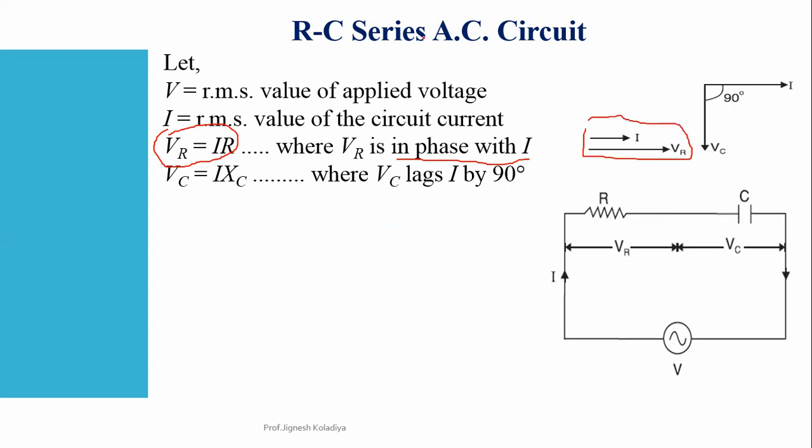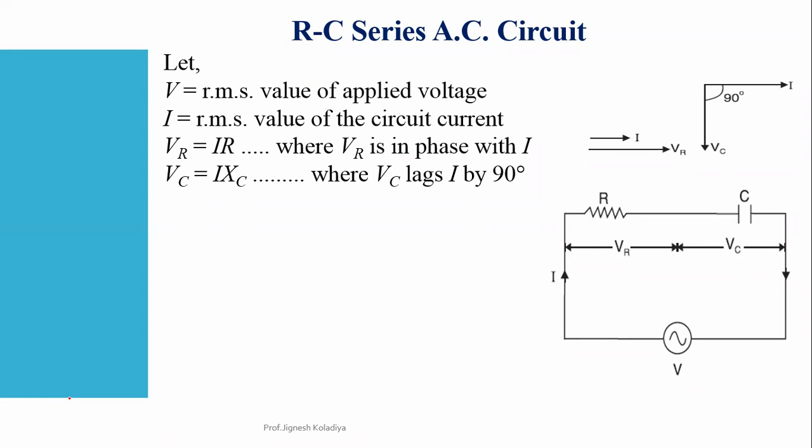But in a pure capacitive circuit, we have seen that current is leading by 90 degrees with respect to voltage. In other words, voltage is lagging by 90 degrees with respect to current, and that's why the relationship changes. You can see my current is leading with respect to this voltage, or voltage is lagging. So VR is equal to I into R, VC is equal to I into XC.